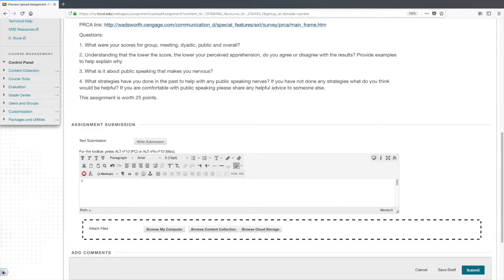So you would answer the questions in complete sentences. So question number 1, what were your scores for group, meeting, dyadic, public, and overall? You've taken the survey and you have that information, and you will put that information in this text box. But first you would have to have clicked on Write Submission and then type in your information in this text box.